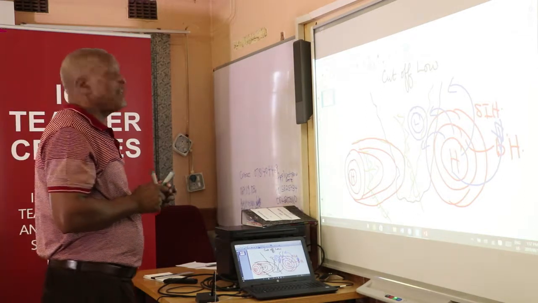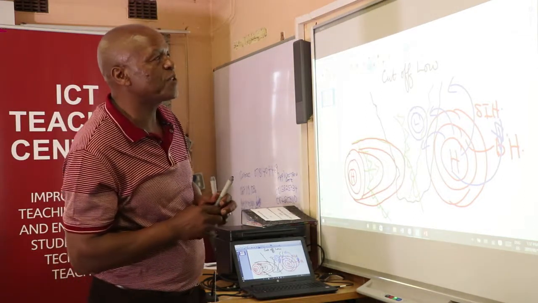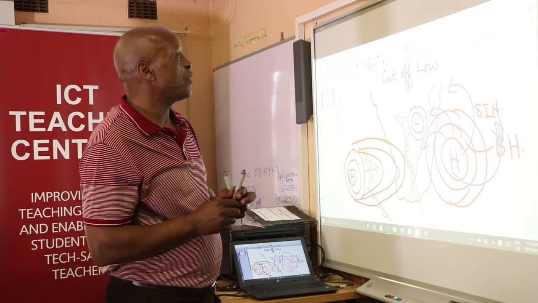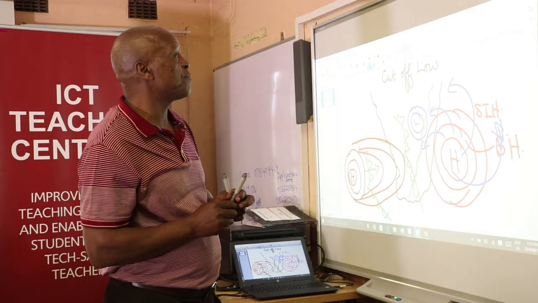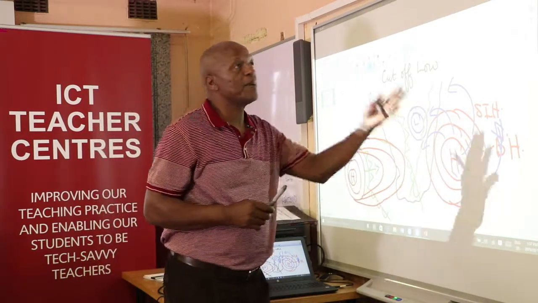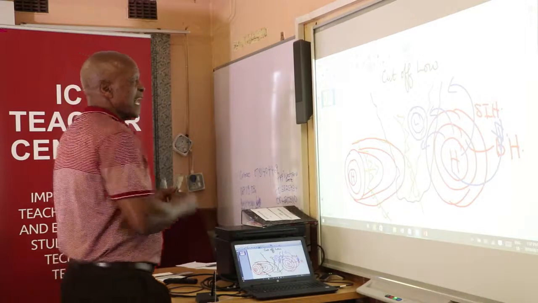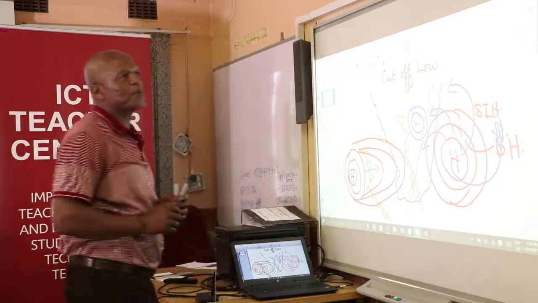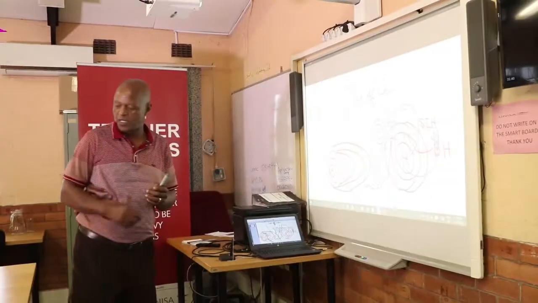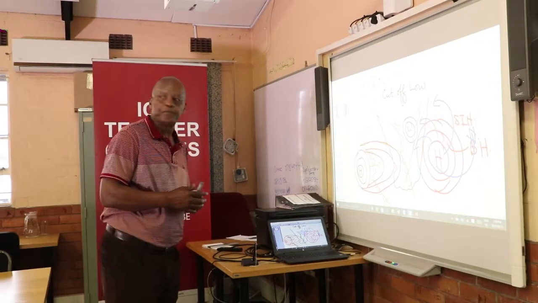Now, can we then proceed from the cut-off low and carry on? So this rainfall is very common, more especially during the winter time. As you know that these two cells have migrated what? Northwards. And the mid-latitude cyclone is moving across the what? The country. So it confirms that it happens during the winter season.